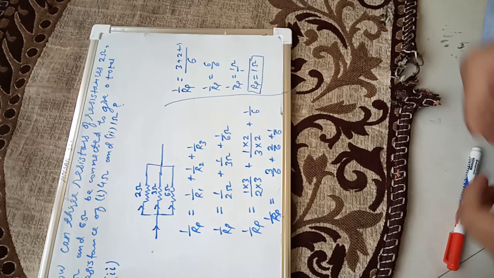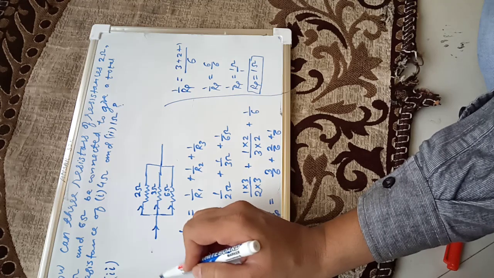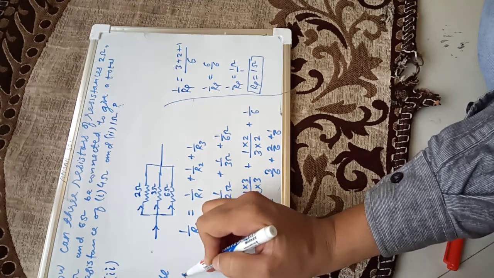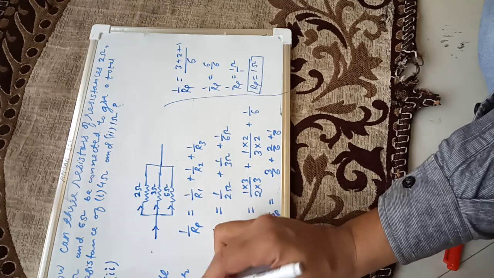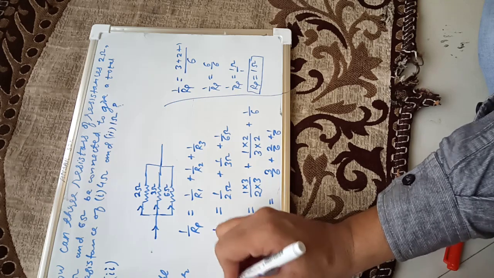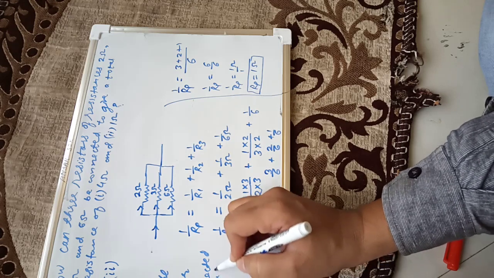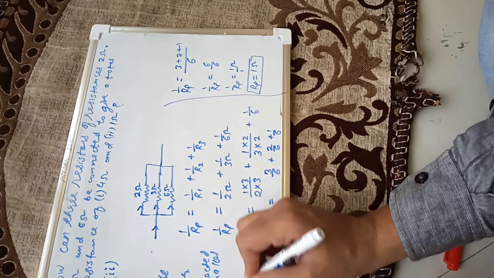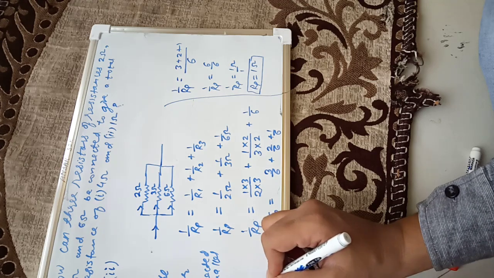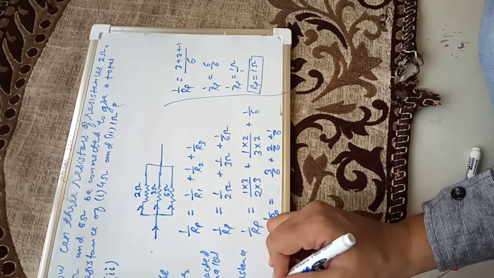Answer: all the given resistors should be connected in parallel to get 1 ohm resistance as resultant.